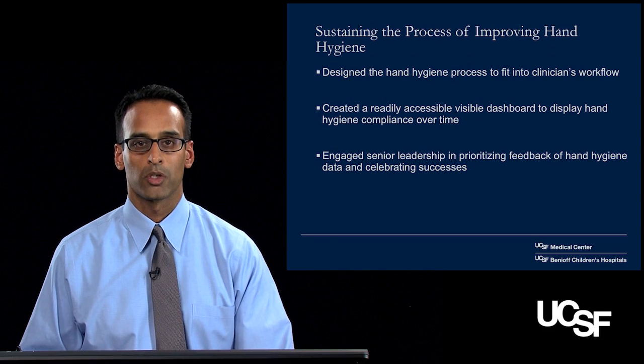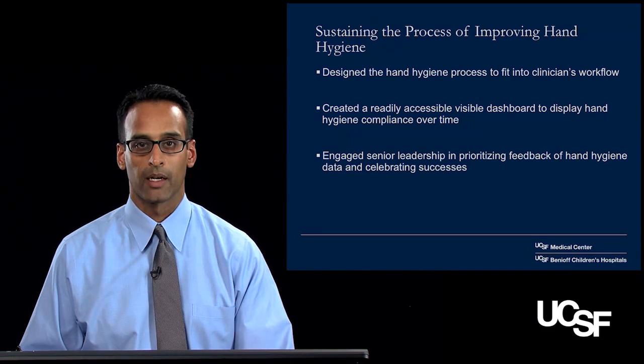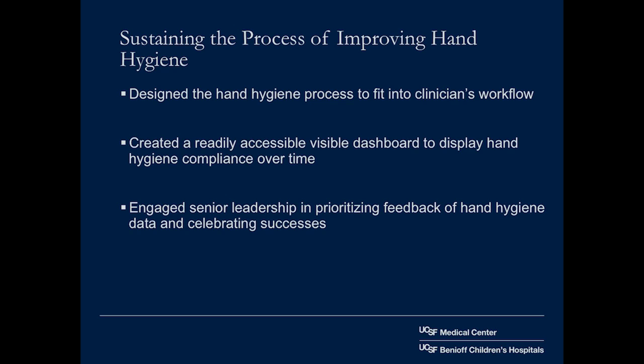Several interventions were crucial in sustaining the process of improving hand hygiene. By making sure that the desired behavior was introduced, and then ergonomic changes were put into place to make sure that hand hygiene dispensers were readily available, the process of performing hand hygiene simply has become muscle memory. The accessibility of data so that clinicians could see how they were performing on a unit-by-unit basis and a service-by-service basis helped identify successes and target areas for improvement.